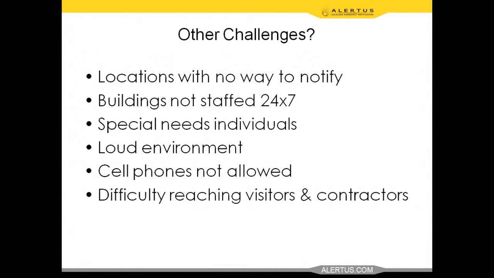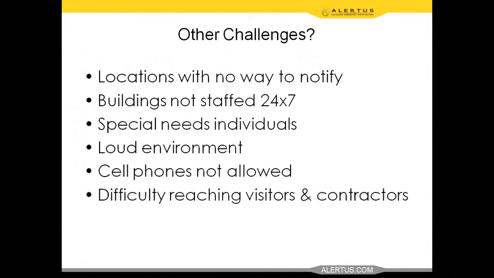Even some of our hospitals as well, there's certain equipment that's very sensitive to cell phones, so you're not able to rely on just the email and text messaging, or you find that when you do those tests, a lot of times those messages are missed or aren't delivered to pockets of people. And also difficulty reaching visitors. How do you get individuals that stroll onto campus, come in to visit people there, our contractors, those kinds of folks?